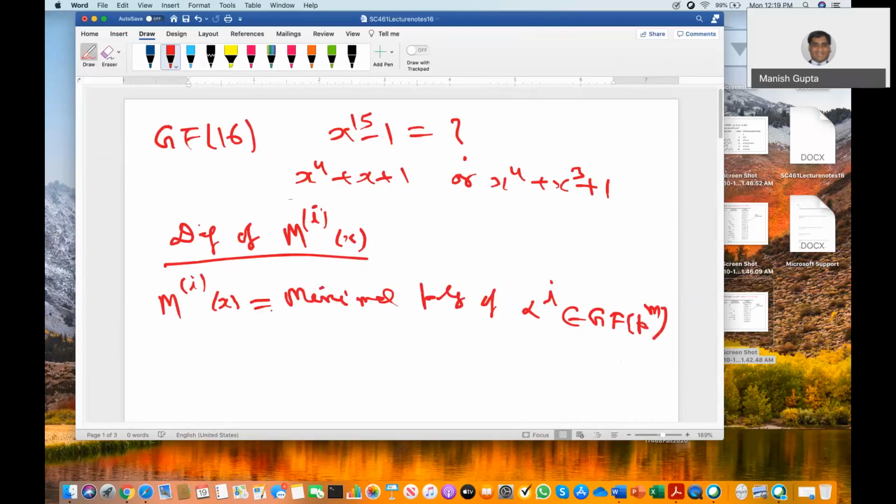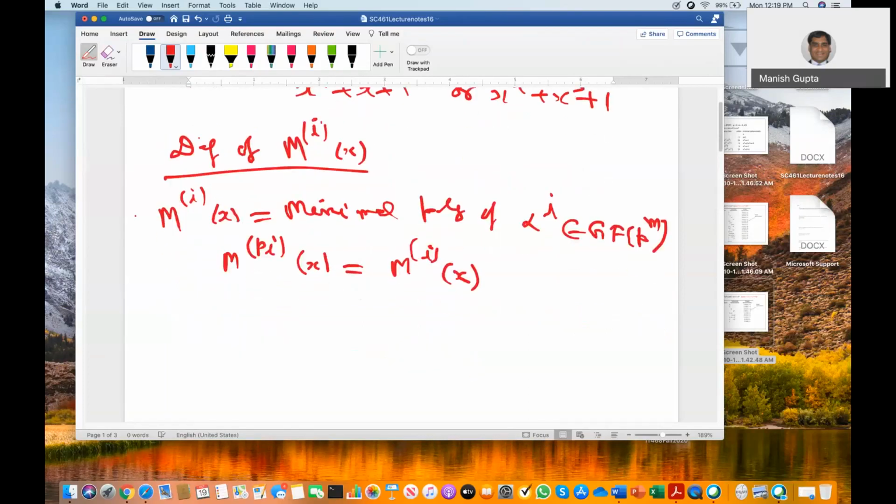So by definition, by the M6 property from the previous class, m_{pi}(x) will be the same thing as m_i(x). This is a property here.